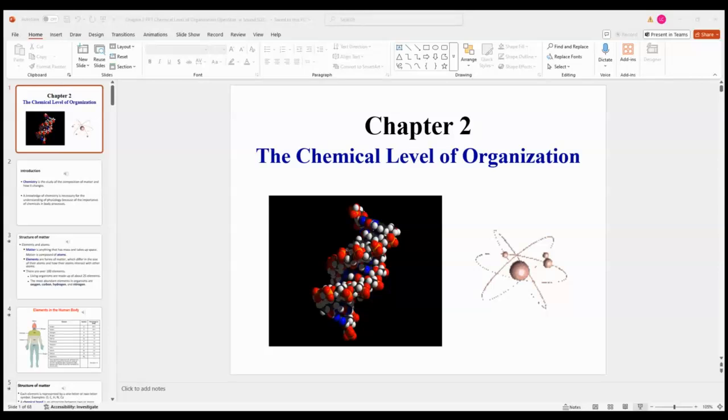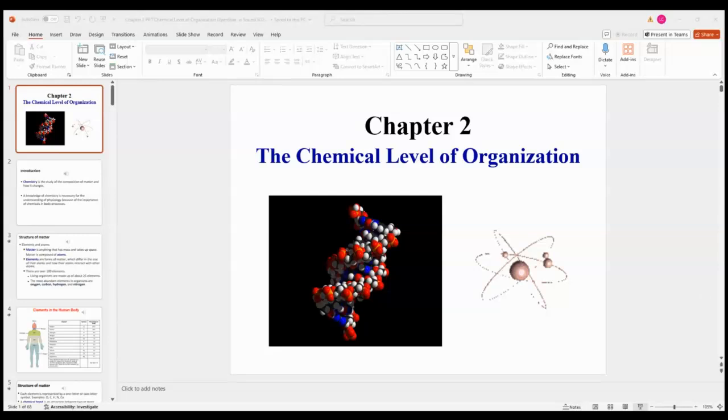So there are over 100 elements, just 4 of them listed here. And living organisms like us normally contain only about 25 of the 100 elements. And so here's a list of elements that occur in the human body, listed in order from the most abundant.